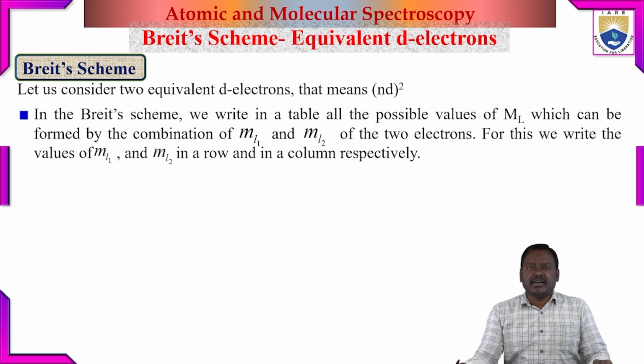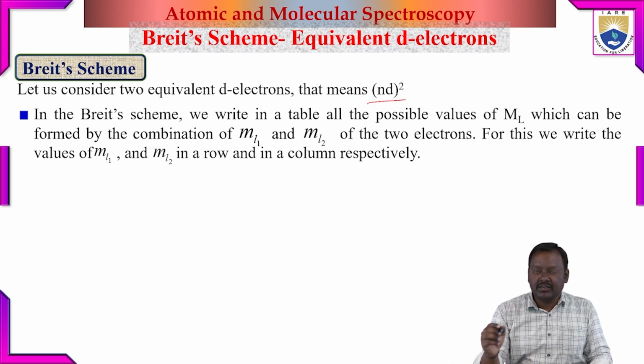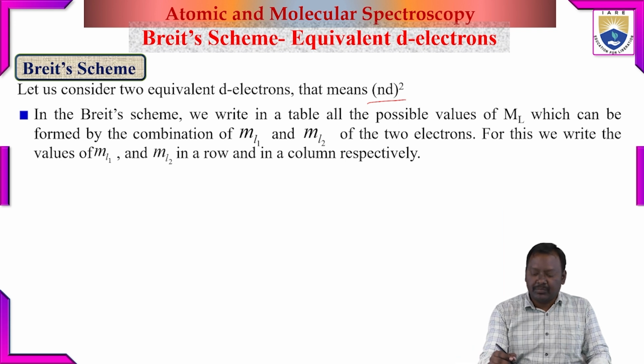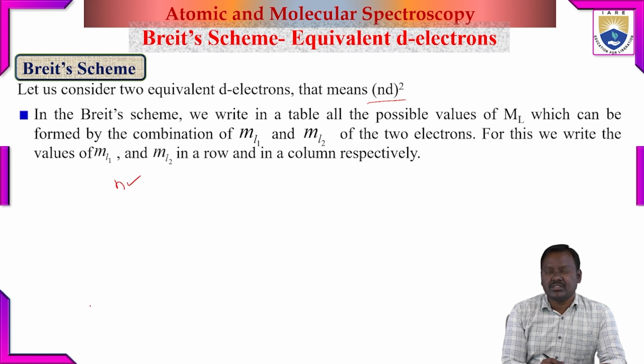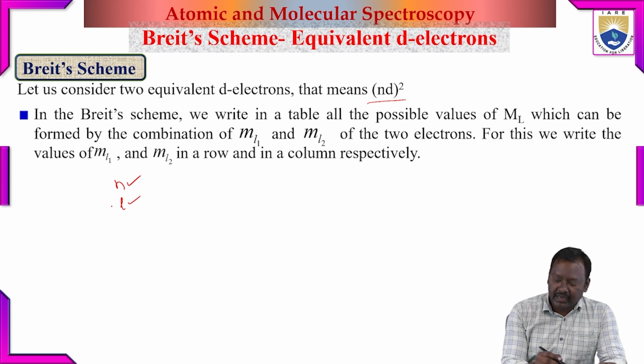So let us consider two equivalent electrons in the d subshell, that means nd². So the principal quantum number n for the two electrons is the same, and as the two electrons are in the same subshell, the L value is also the same. n can be any value, either 3, 4, 5, 6, but for a d electron, the L value is 2.